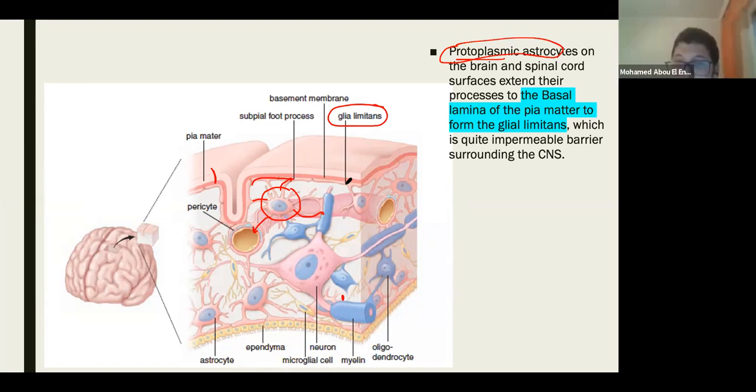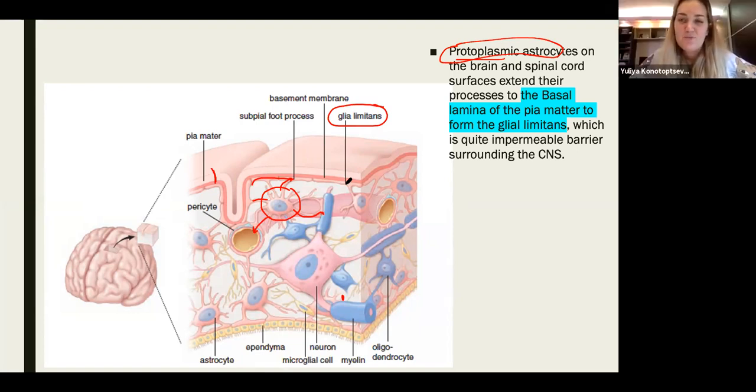Okay, CSF? CSF is produced by the ependymal cells. These are the protoplasmic astrocytes, so not the same. For glia limitans, the word itself should be important for you. It's limiting something, right? So it creates a limit of some sort.